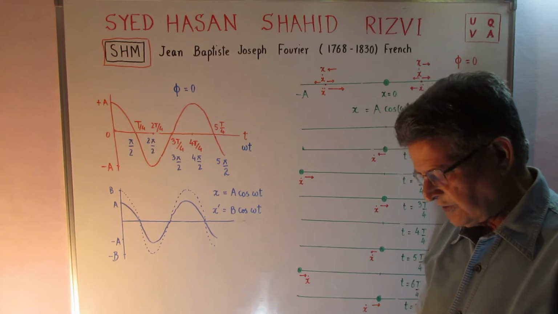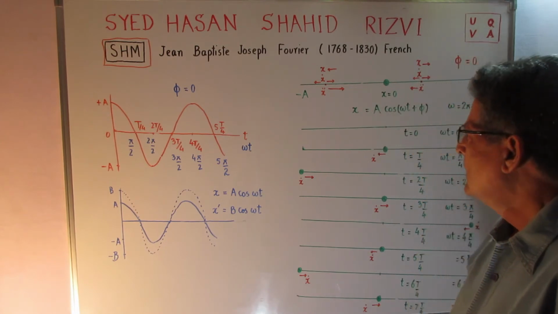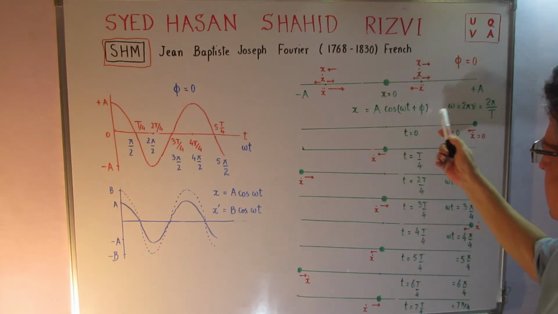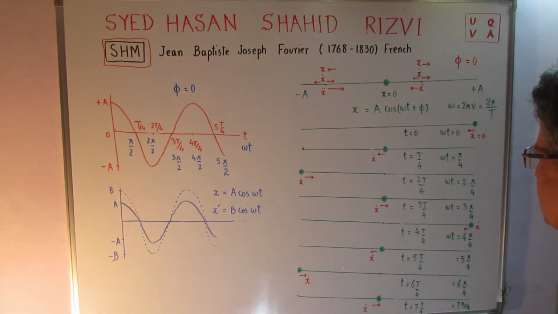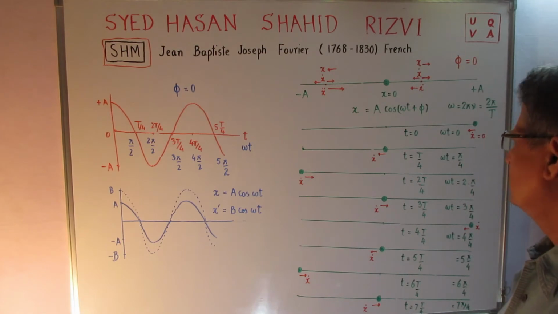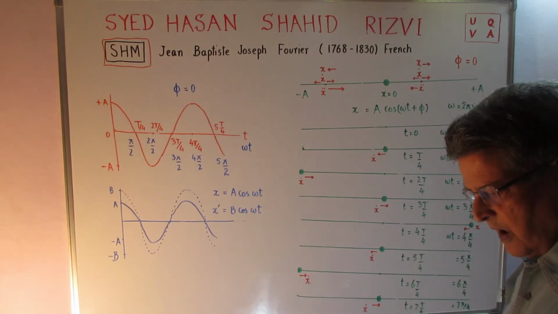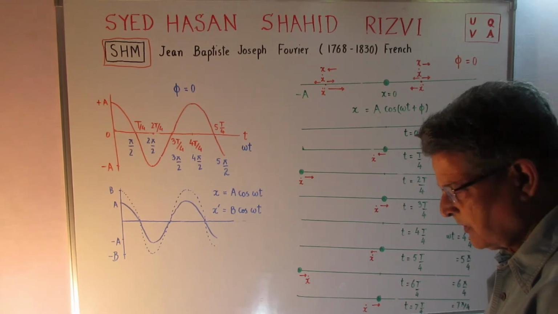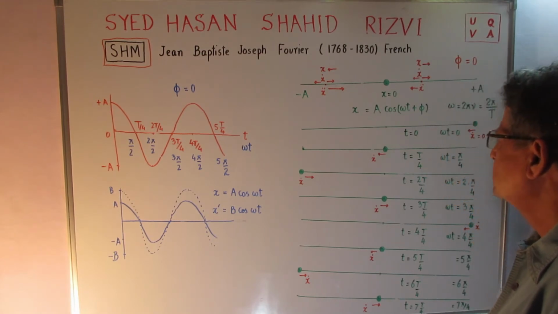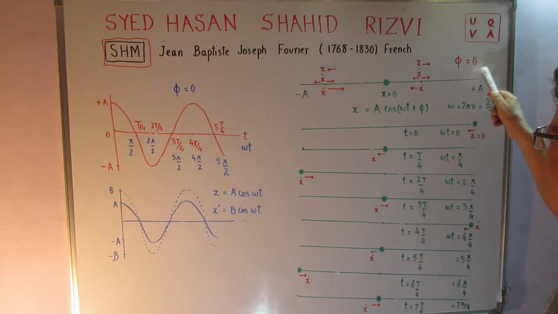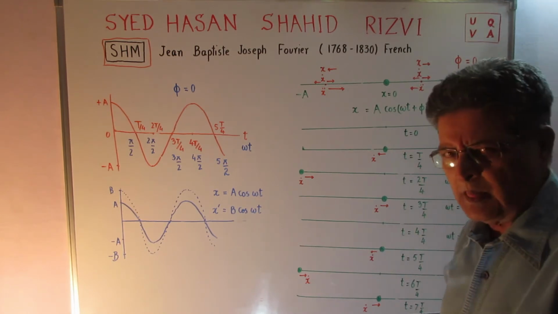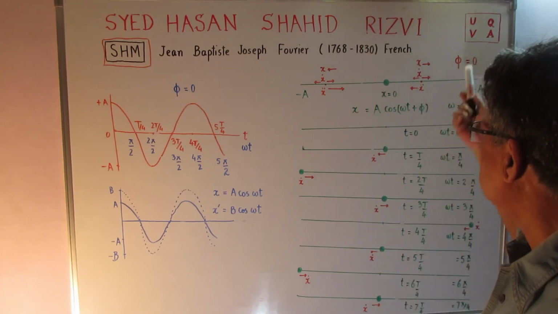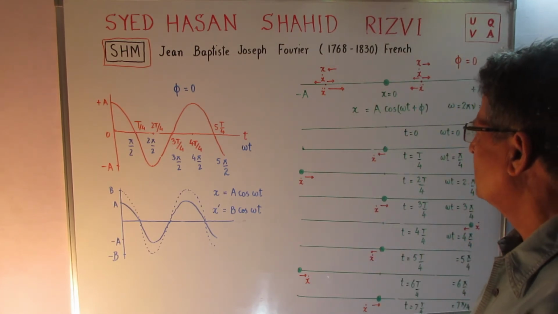And what kind of a relation exists over there? So here, let me take as the representative x equal to a cos of omega t plus phi. And to keep things within our understanding, we take the value of phi equal to 0.